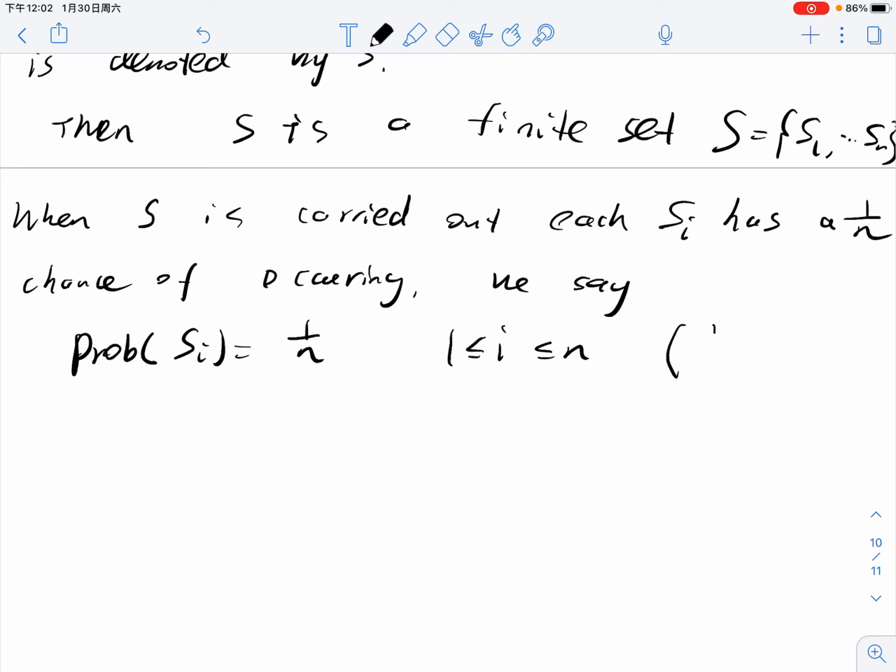Or sometimes you just write the probability as P of Si.